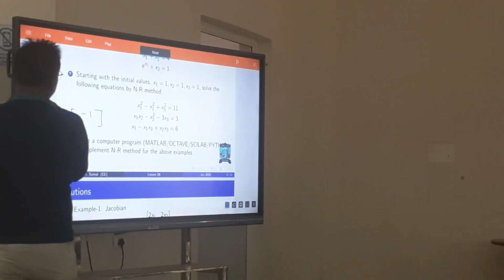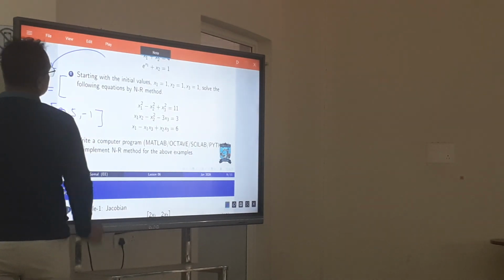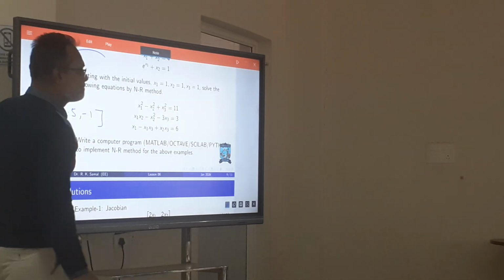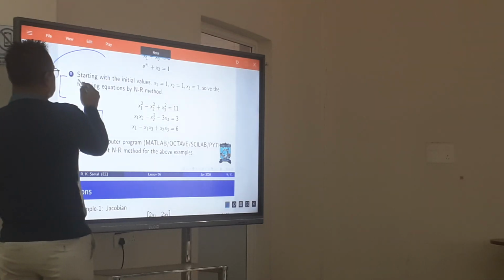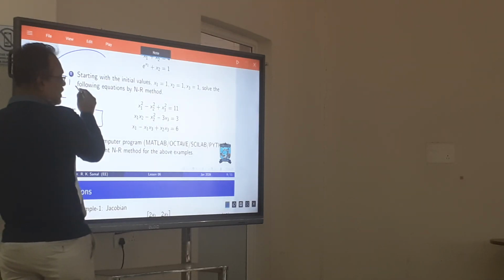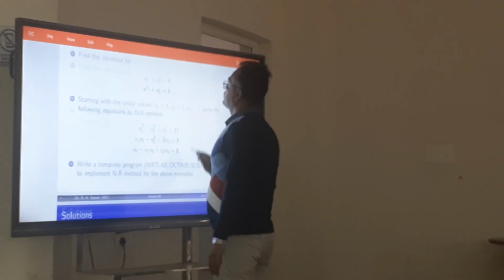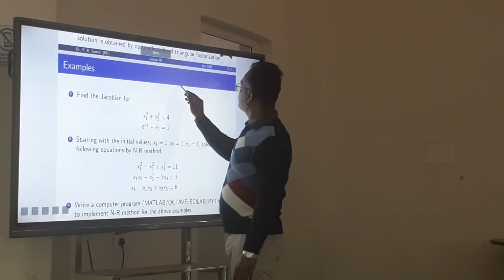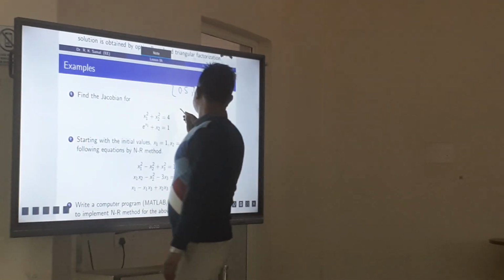What is the value of the Jacobian for the first case? 2x1 is 1, 2x2 is minus 2. Initial case is 0.5, minus 1. So what is the value of the Jacobian?